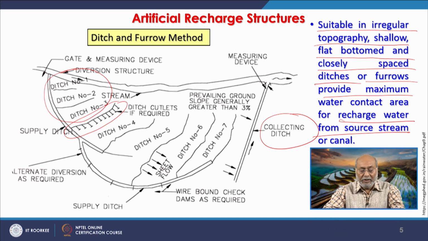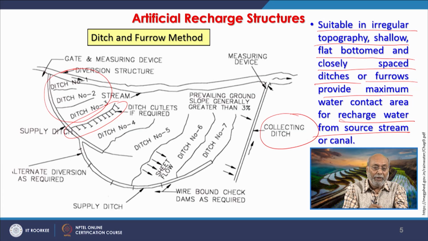Such a ditch and furrow method requires less earthwork and is less sensitive to silting, and you do not require too much land for this kind of work. So, in the remaining area, other agriculture practice or forest and other activities can go on, and still you can recharge the groundwater regime.